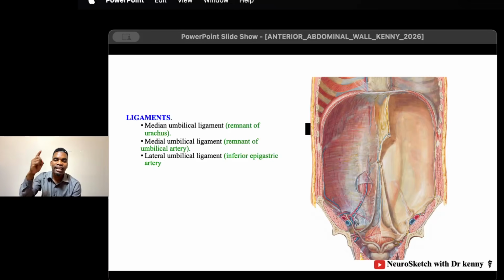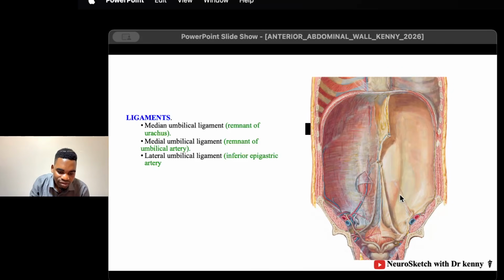The left umbilical vein became the round ligament of the liver, also called the ligamentum teres hepatis. The right umbilical vein disappeared. It obliterated. But the umbilical arteries, right and left, form these medial umbilical ligaments.